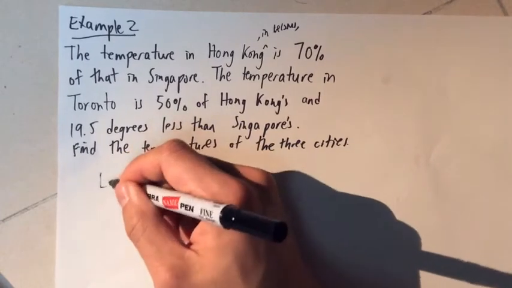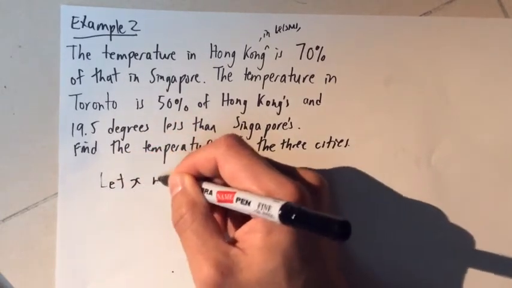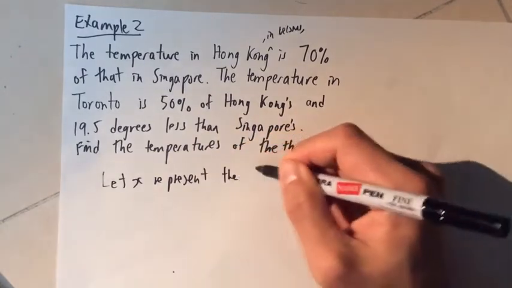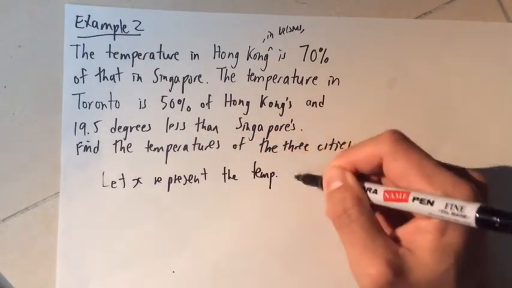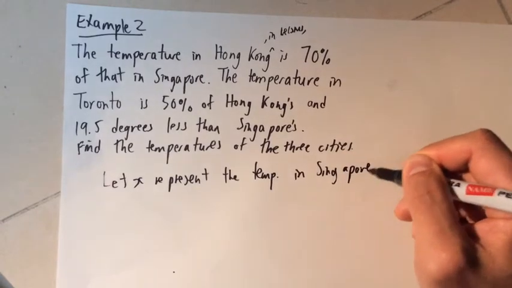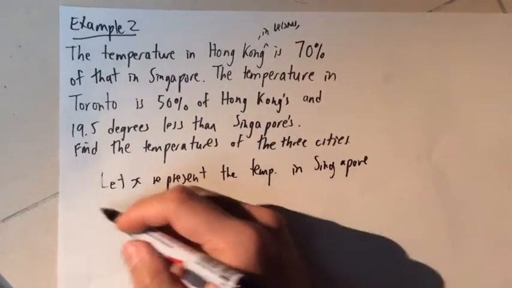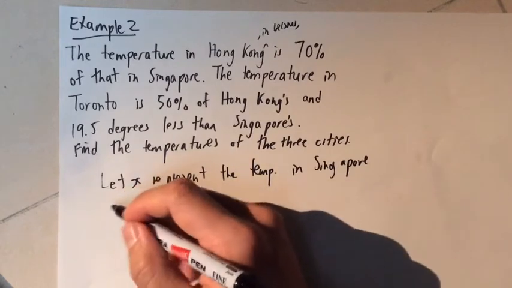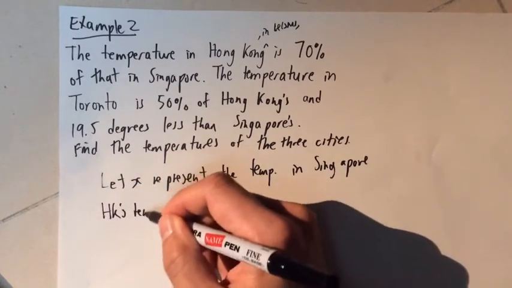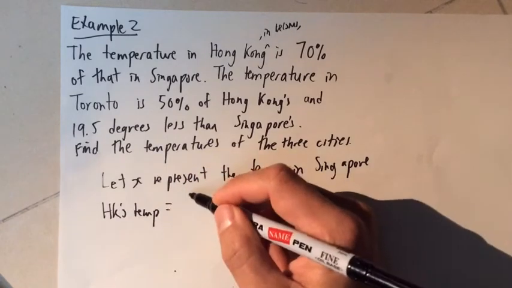We can let x represent the temperature in Singapore. Okay, so with that decided, we can have Hong Kong's temperature be 70% of that.